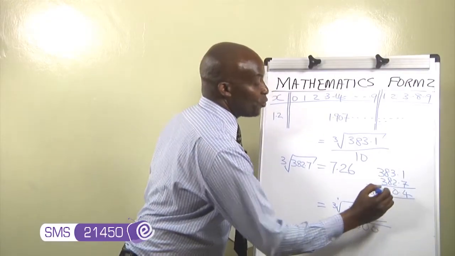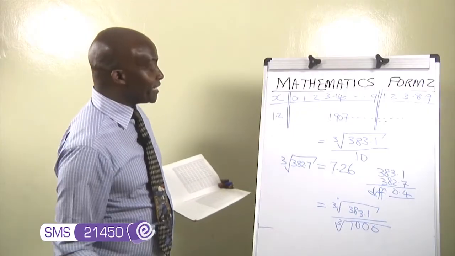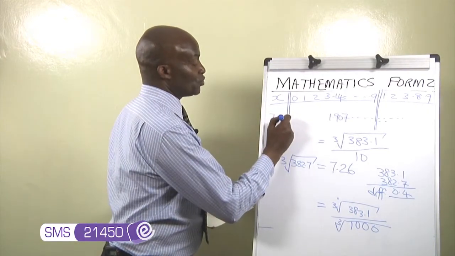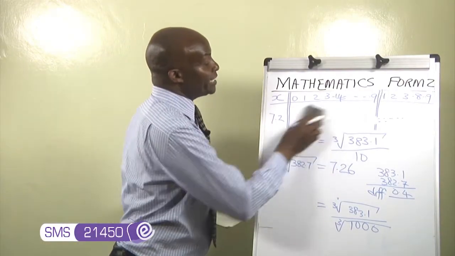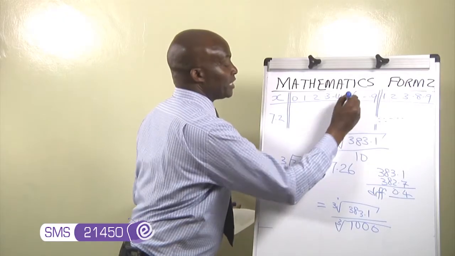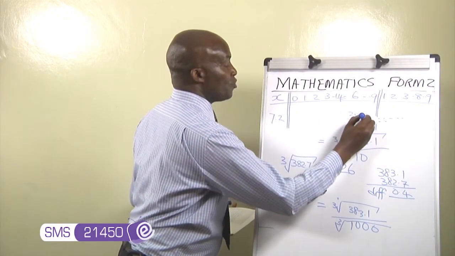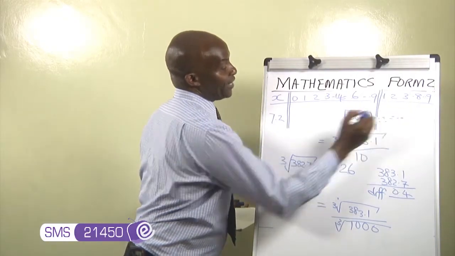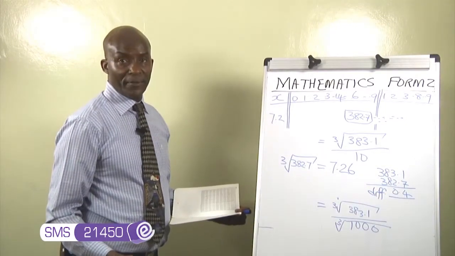So this is the difference. And this difference, we look for it in the minor columns. So on the tables, we are now at 7.2, the first two digits. Then we are under major column 6, that is where we are getting 382.7. Now we move along this to find the difference, which is 4.